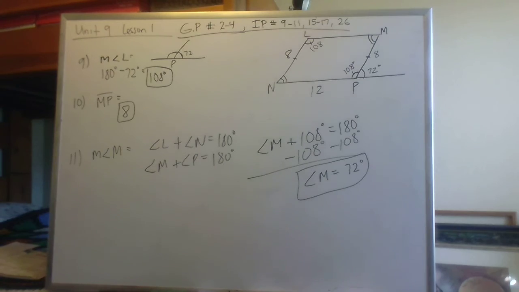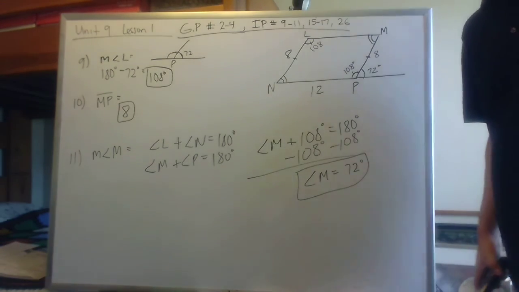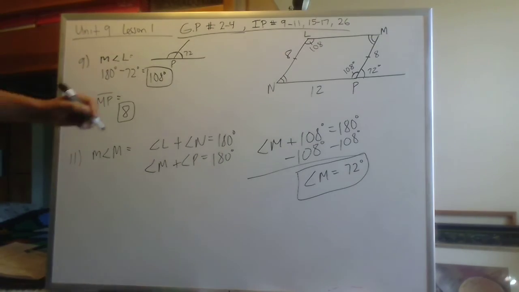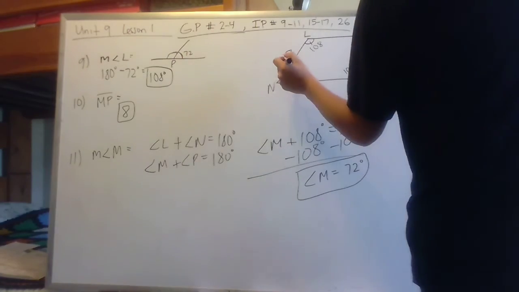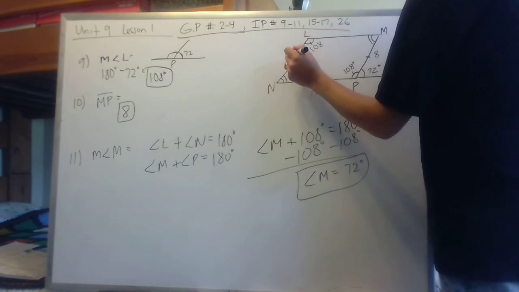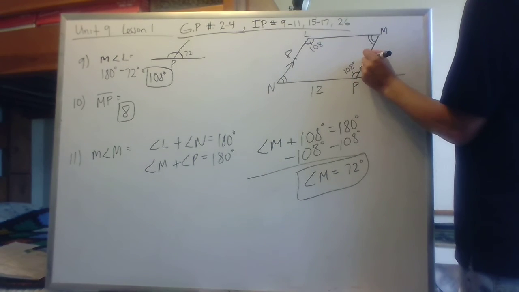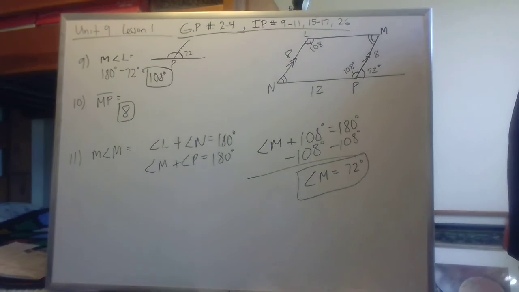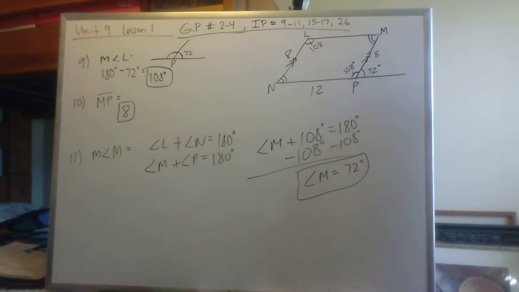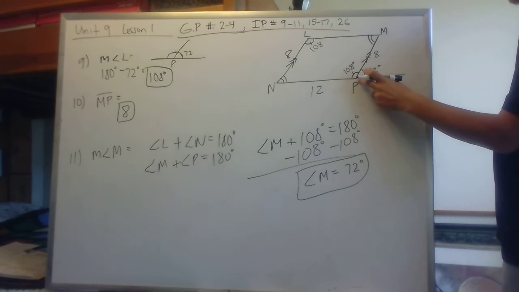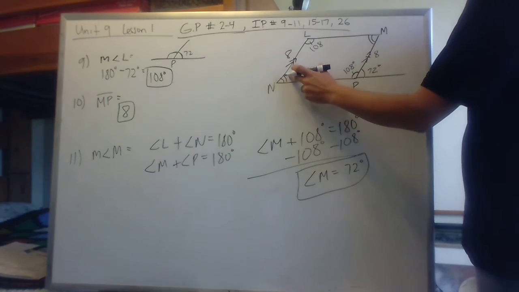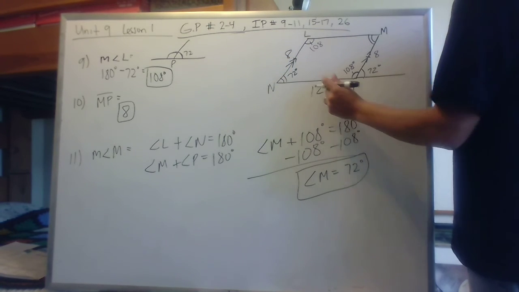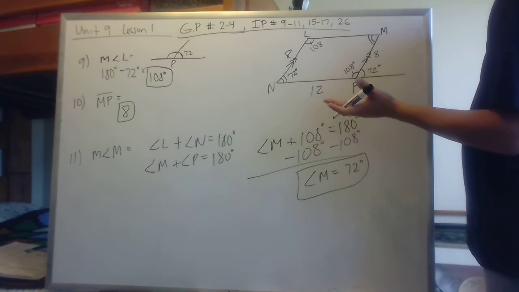And I'm going to show you a neat little trick. Based on parallelograms and their properties, we know that LN right here is parallel to MP. I'm just going to draw those little arrows to indicate they're parallel. And if they're parallel and you have an extension of a line, this means that these two angles right here are going to be the same.